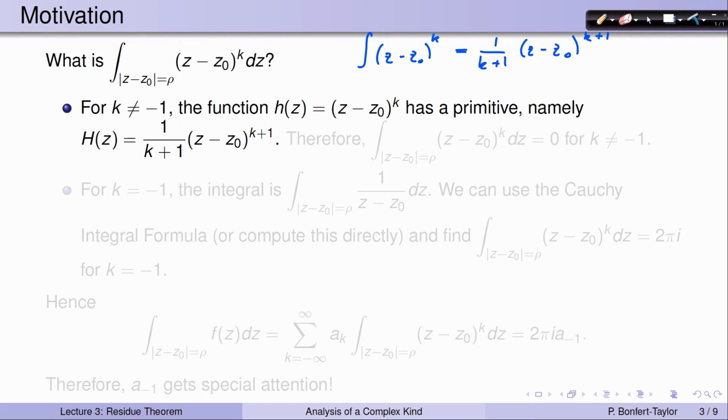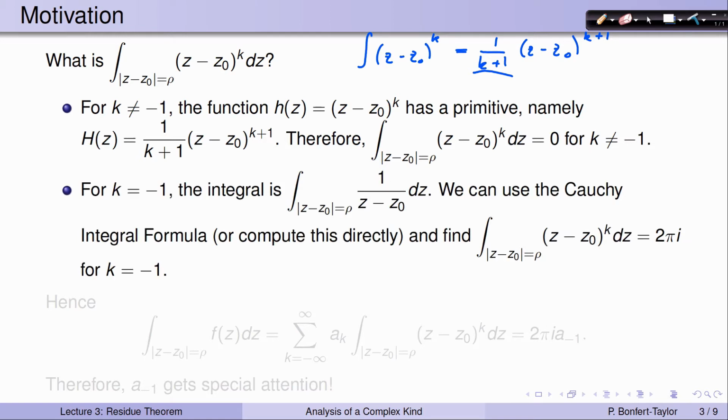The only time that doesn't work is when k is equal to -1, because I would be dividing by 0. So we have an antiderivative, which means the integral, because we're integrating over a closed curve, amounts to 0. When k is equal to -1, however, I don't have an antiderivative of that type, and therefore the integral needs to be evaluated in a different way.